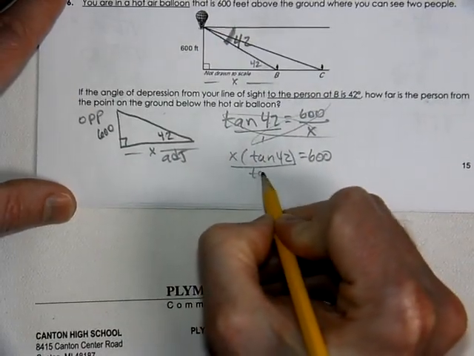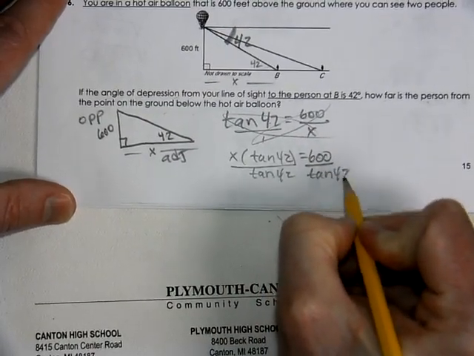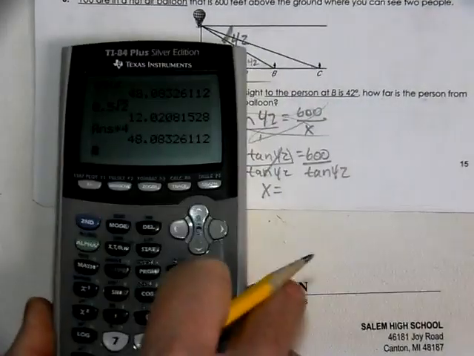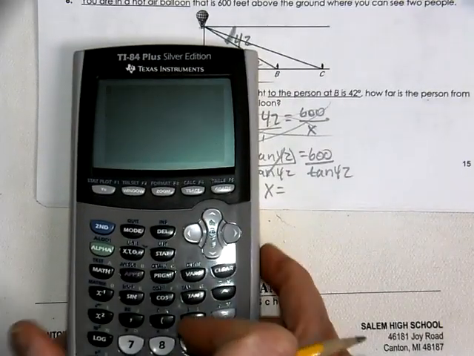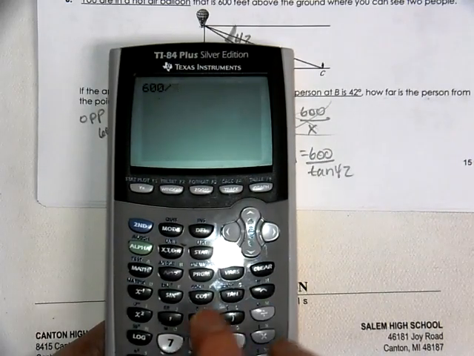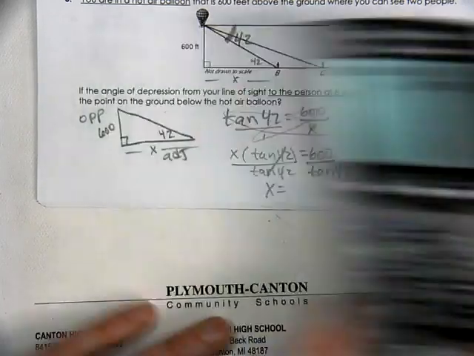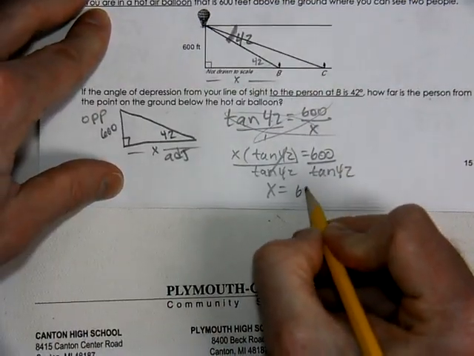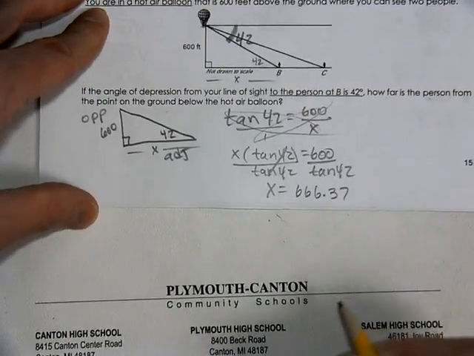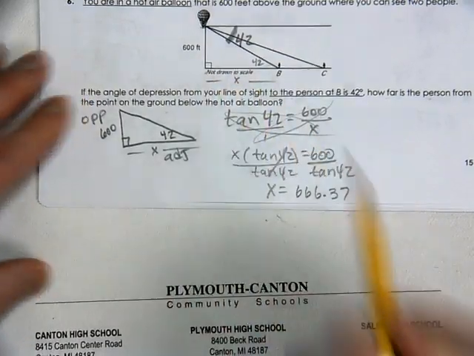We're going to divide by the tangent of 42, just like we have so many times before. We're going to do 600 divided by the tangent of 42. 666.37. That's the distance from B to underneath the balloon.